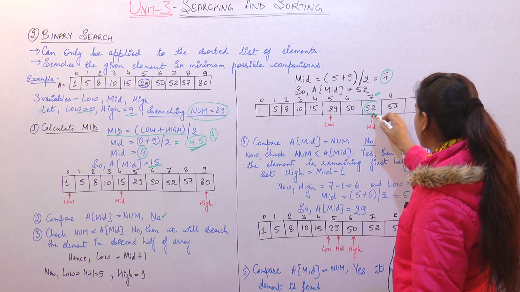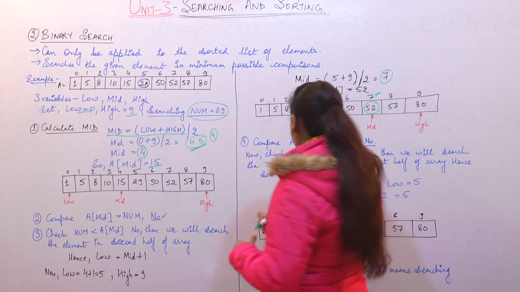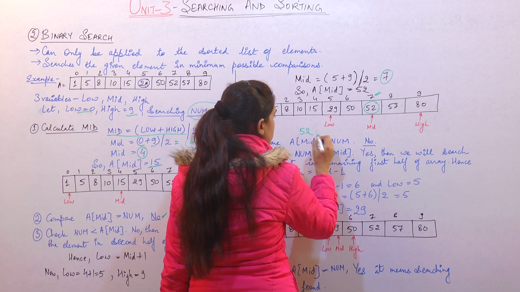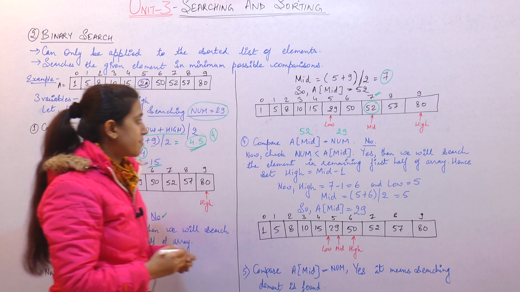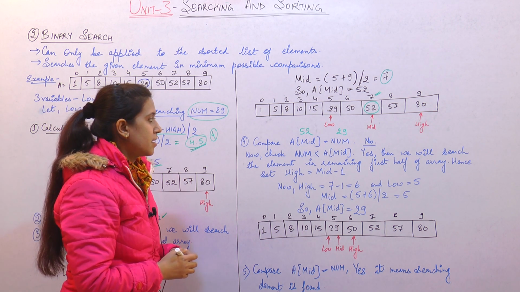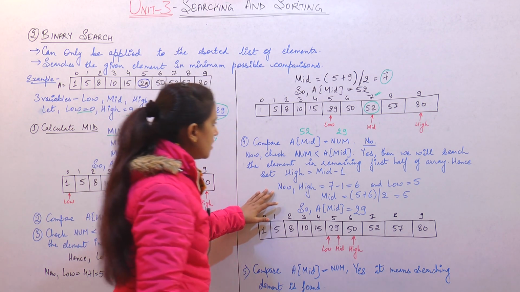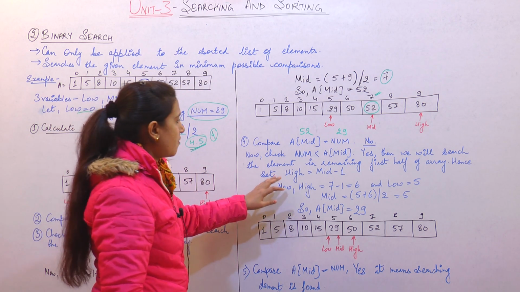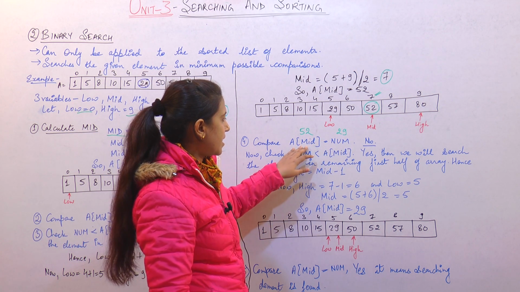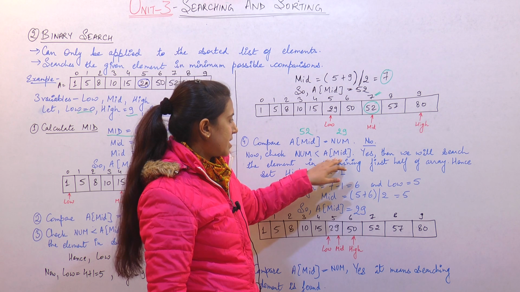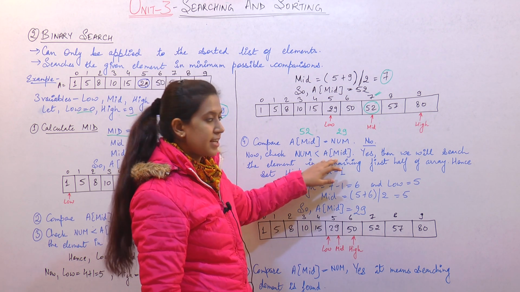Address 7 contains the value 52. Now we compare the value at mid, 52, with the searching element, 29. Again 52 is not equal to 29, so the condition is false. Now we check whether the searching number 29 is less than the mid value. Yes, it is.